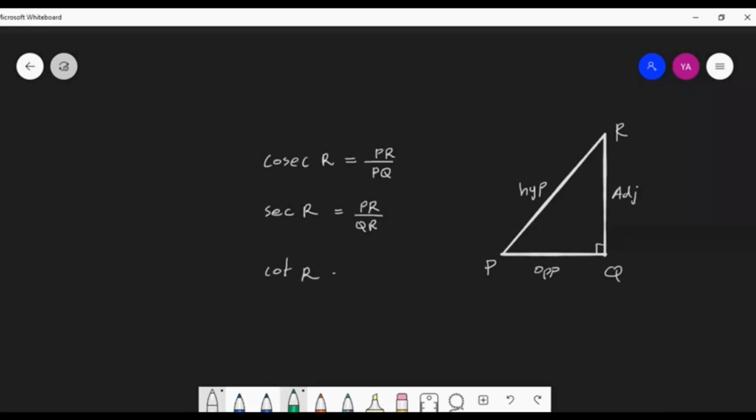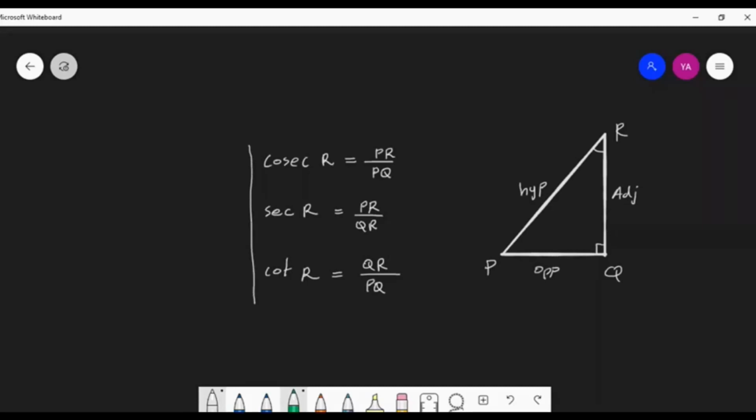Here we know tan is opposite side by adjacent. When we take cot, we take the reciprocal, that is the adjacent side in the numerator and the opposite side in the denominator. So QR by PQ.